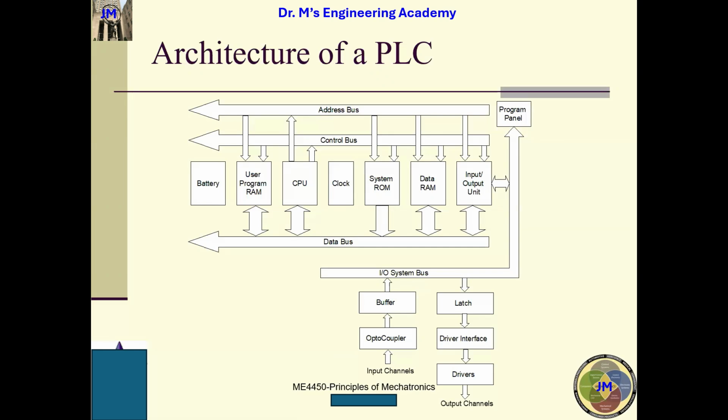Optocoupler means that we use light to couple two things. And why do we need to use light to couple two things? Write this down, okay? Because the PLC is driven by very, very low voltage: 5 volts, 12 volts, maybe 36 volts.